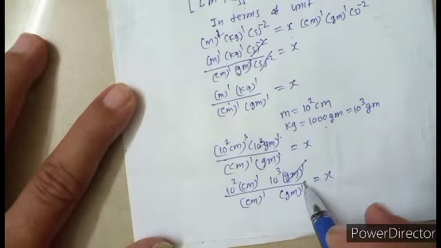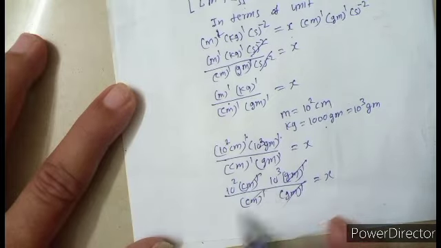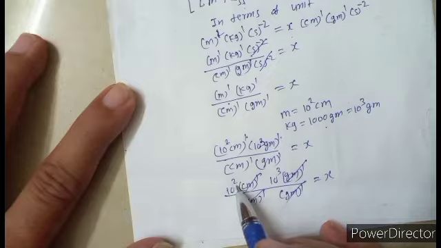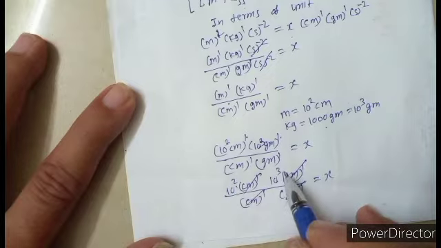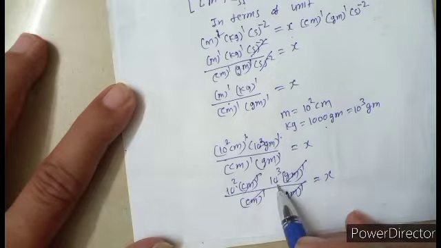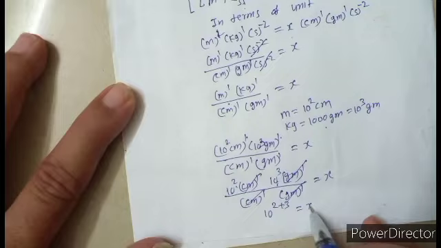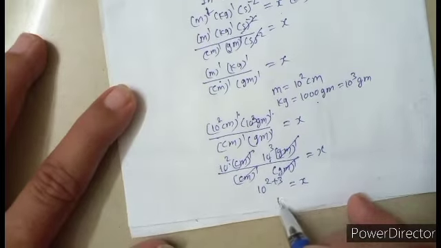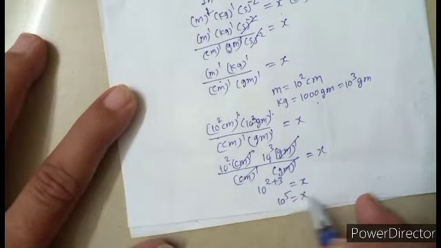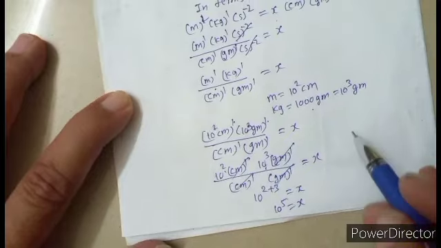So gm raised to 1 gets cancelled, cm raised to 1 gets cancelled. 10 raised to 2 into 10 raised to 3. Base is the same, now indices get added. So 10 raised to 2 plus 3 is equal to x, or 10 raised to 5 is equal to x.